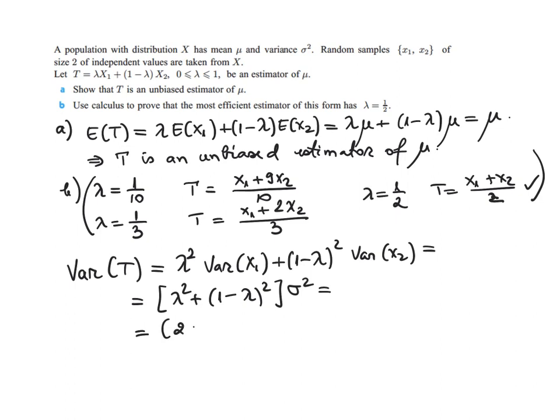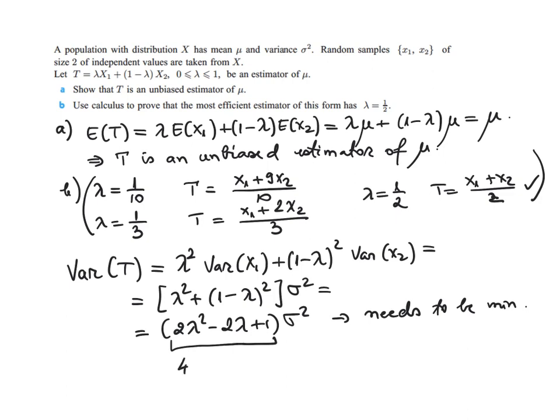So I get 2 lambda squared minus 2 lambda plus 1, times sigma squared. For the most efficient, this needs to be minimum. It's minimum when its derivative is 0. So if I differentiate, I get 4 lambda minus 2, which needs to be 0. Therefore, lambda needs to be half for the minimum value of that function.